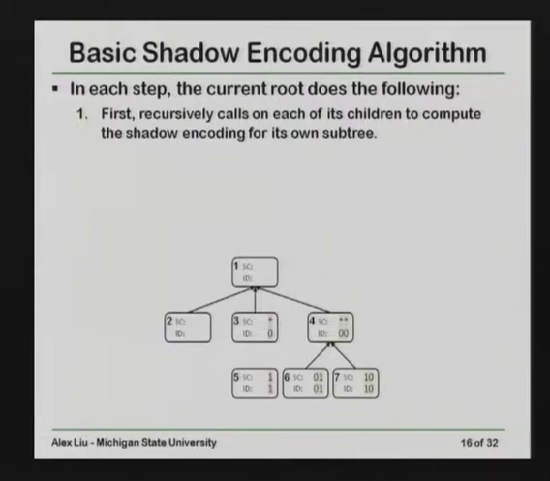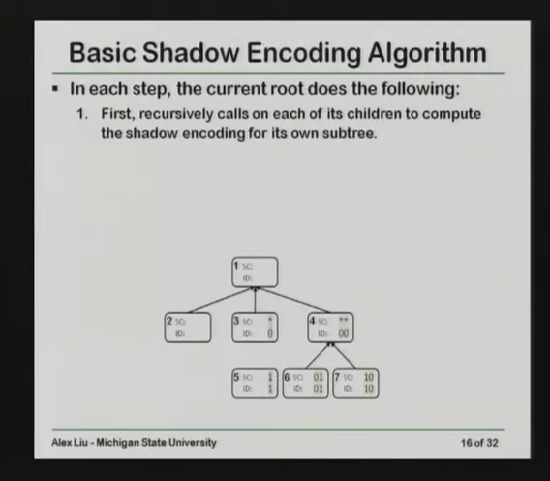For example, at the level of state 1, it has three subtrees. One subtree is 1 and 2, another is 3 and 5, and also this subtree is 4, 6, and 7.